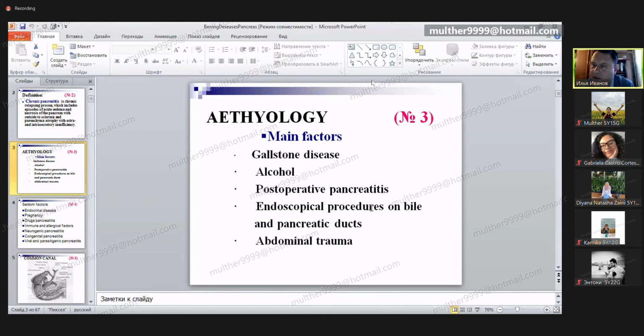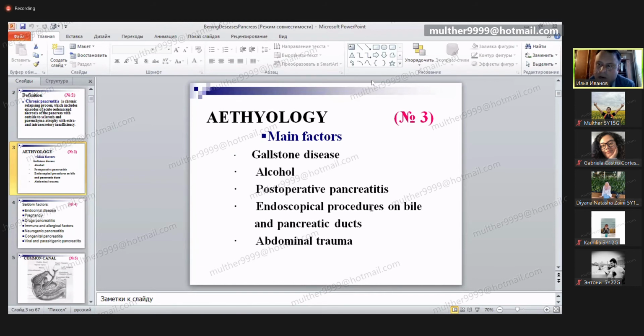Principally, there are two stages in this method of investigation. Firstly, the introduction of a special flexible device, the duodenoscope, in the duodenum with the finding of the papilla and cannulation of the papilla and injection of the contrast means.